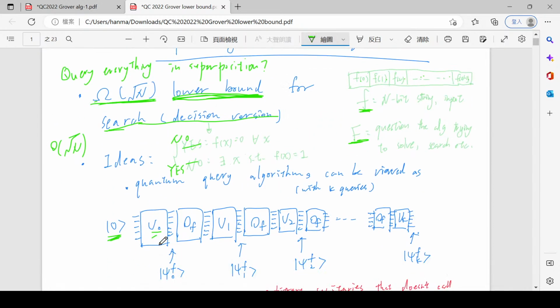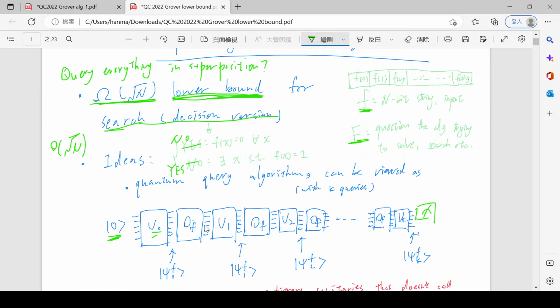It can be very complicated because we don't care about computational complexity. Then you do your oracle, then another very complicated unitary, and then your oracle, etc. At the end, you do some unitary and a measurement. So this is just a generic representation of a query algorithm.